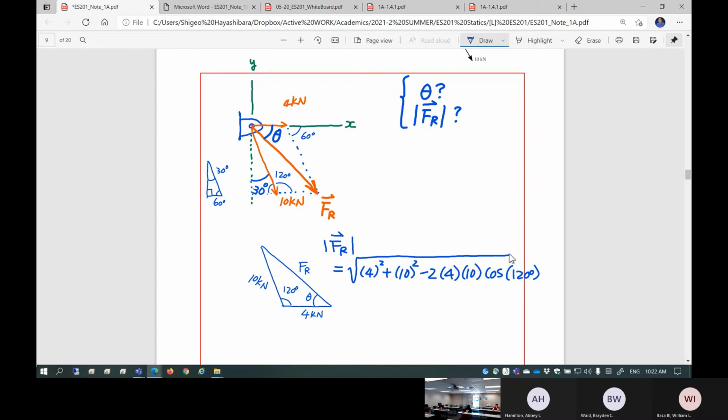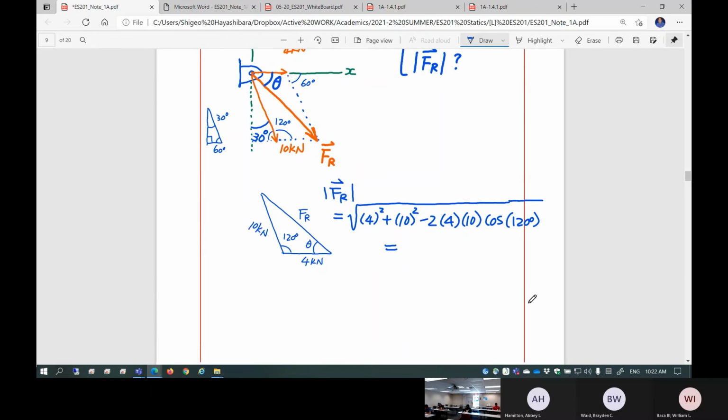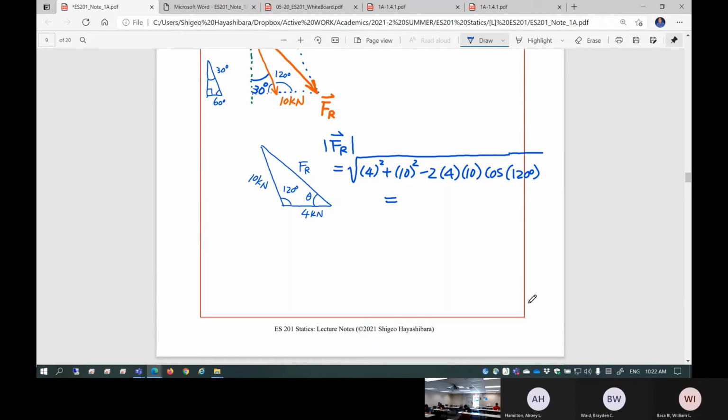Do you have a calculator? I'm not going to do any calculation in class. I'm too lazy. So please compute and finish up this problem. Please participate, everybody, because you have to do this anyways in exam, right? So let's just bring your calculator. Let's do computation.